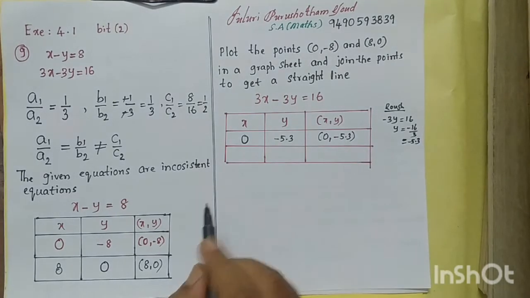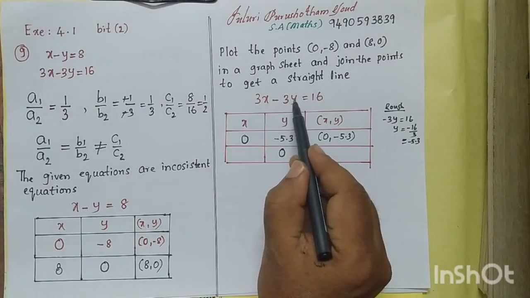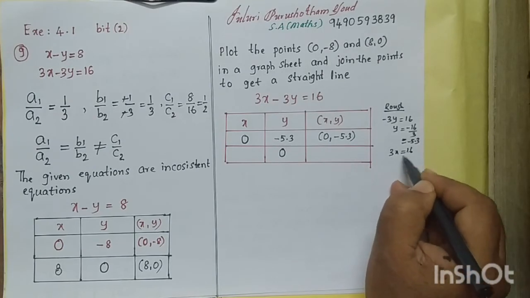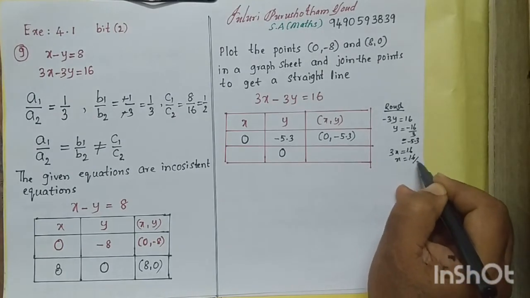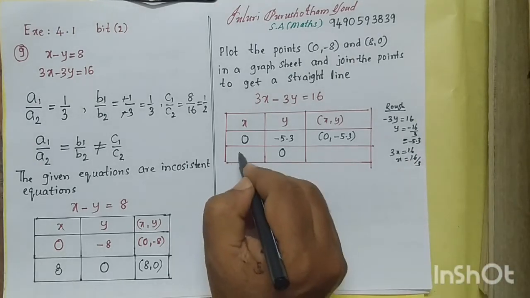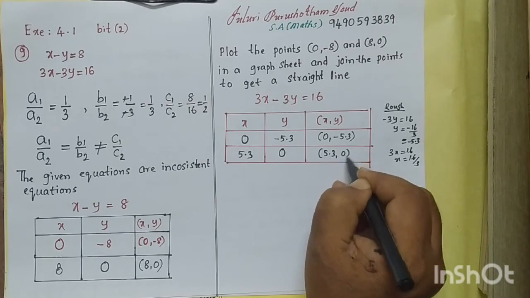And for y is equal to 0, 3 into 0 is 0, so the remaining is 3x is equal to 16, and x is 16 by 3, which is positive, approximately 5.3. So your answer is 5.3 comma 0.